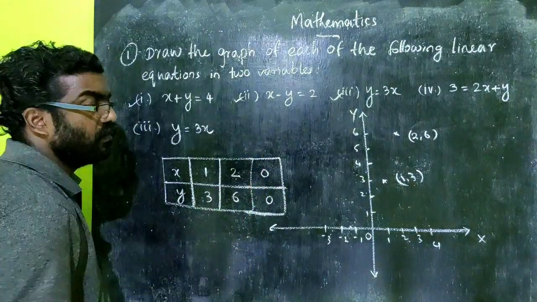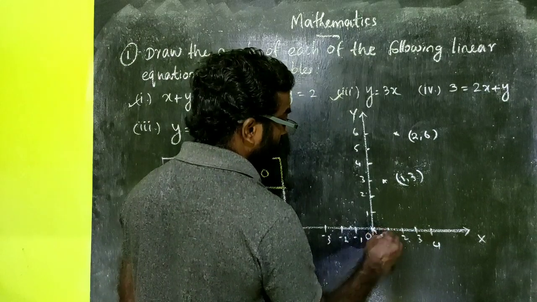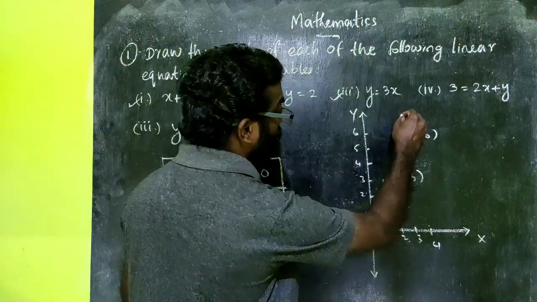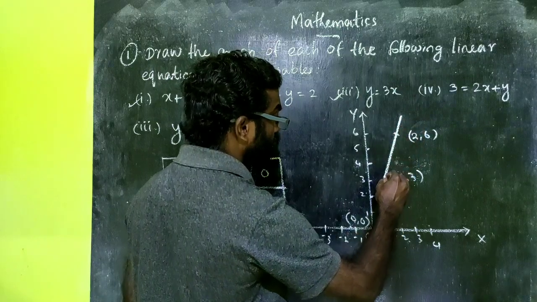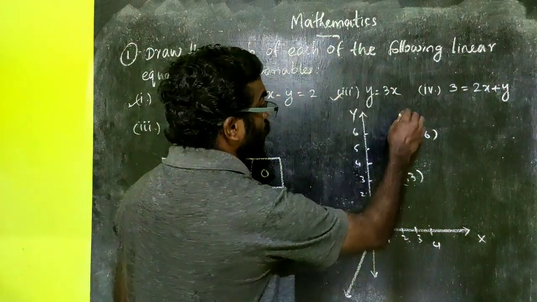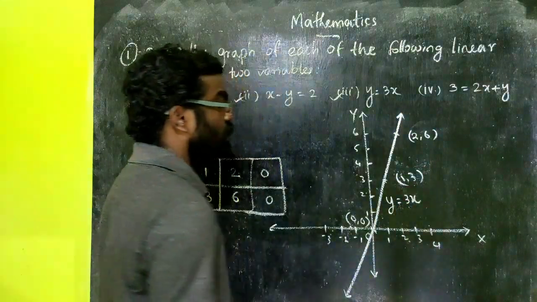That means the graph passes through the origin. Here is the point (0, 0). Now we can join these points. So this is y is equal to 3x.